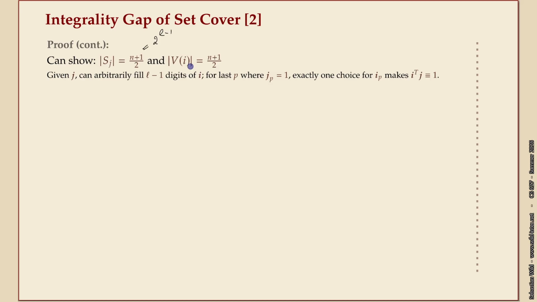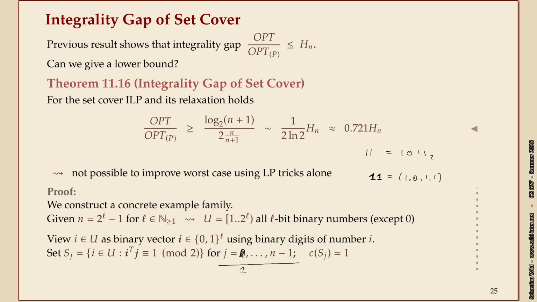And that's also the number of sets that a specific number occurs in. To see why that's the case, if you take any number j and look at its vector, it might be some arbitrary collection of zeros and ones. The only thing we know in general is that it is not the all 0 vector. That's why it was important to exclude the 0 here.